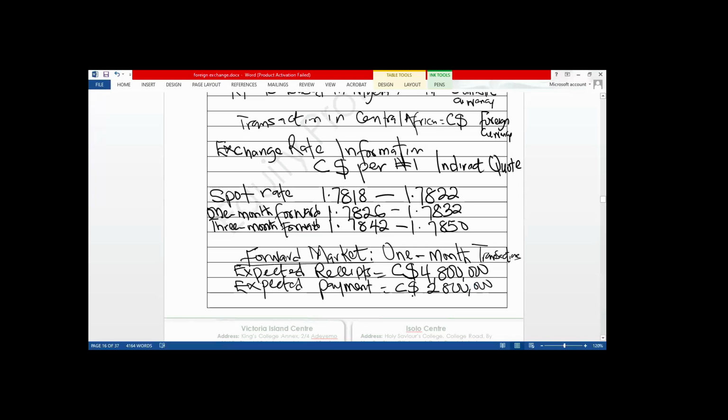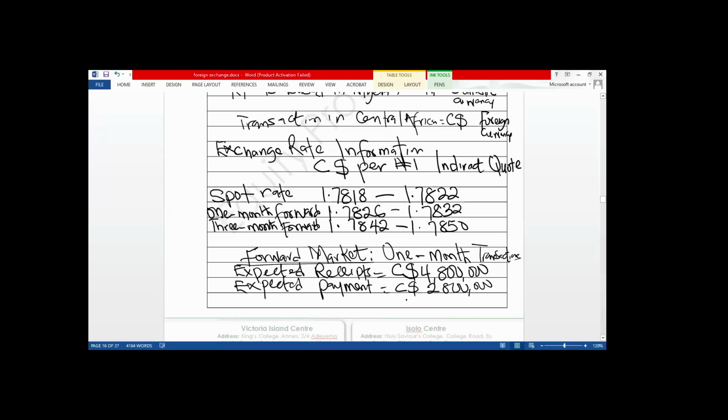Now look at it, please. This company is expecting receipts of 4.8 million, and it's also going to make payments in 1 month's time. Both transactions are in the same currency.